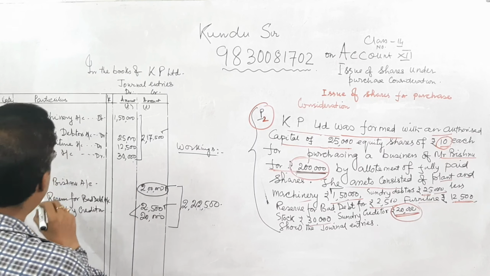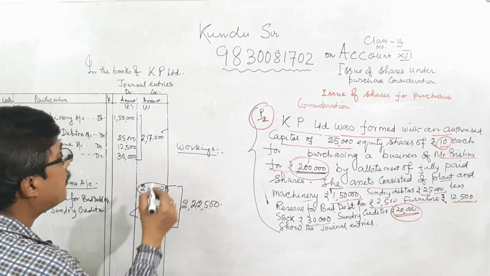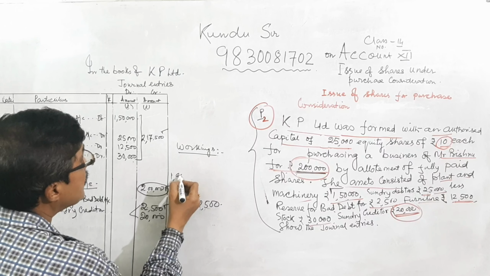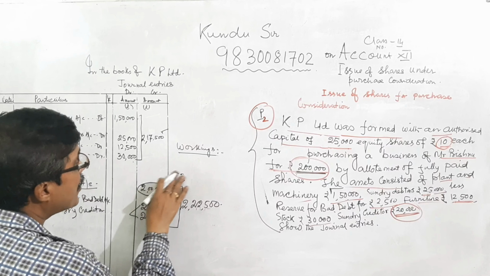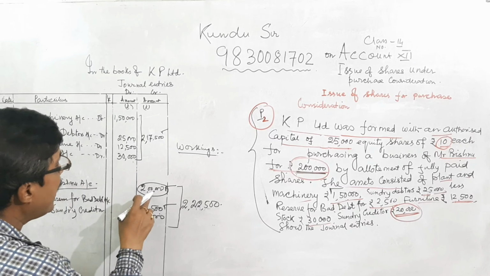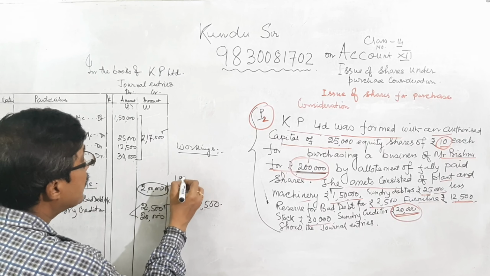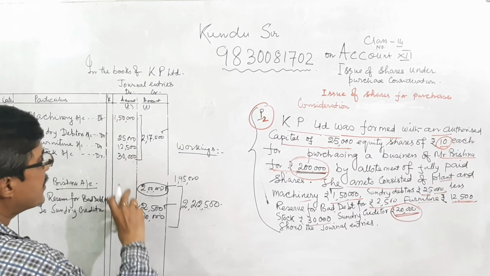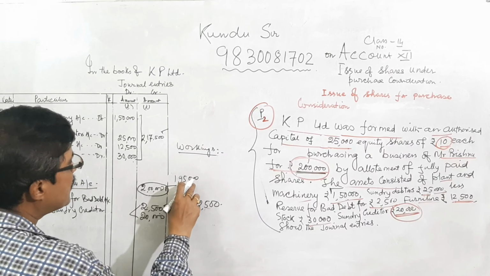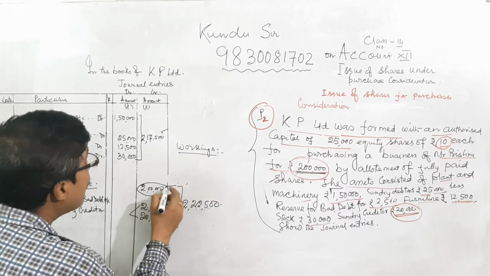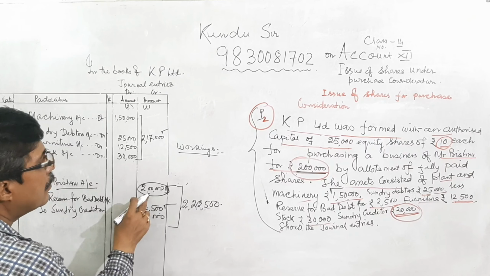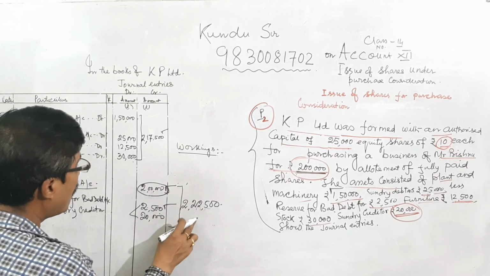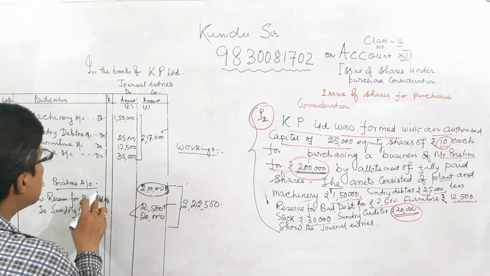That means Vishnu is entitled to get 1,95,000. Vishnu will get 1,95,000. But we are giving 2 lakh. This minus this, 1,95,000 is to be given, but we are giving 2 lakh. That means it is 5,000 more we are giving to Vishnu.